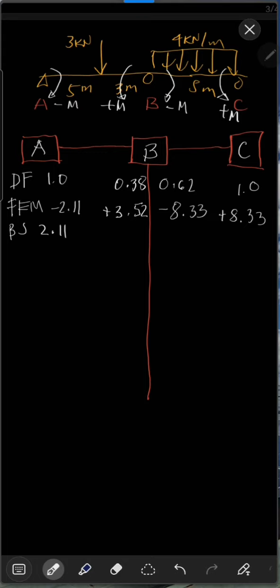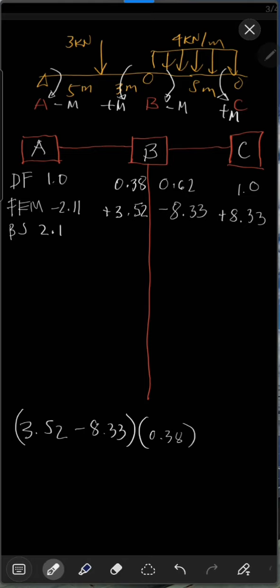The next is 3.52 plus negative 8.33 multiplied by 0.38.